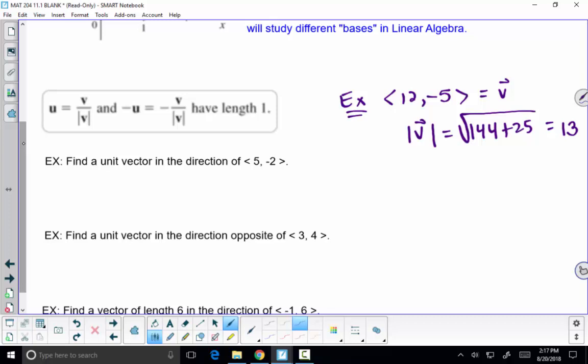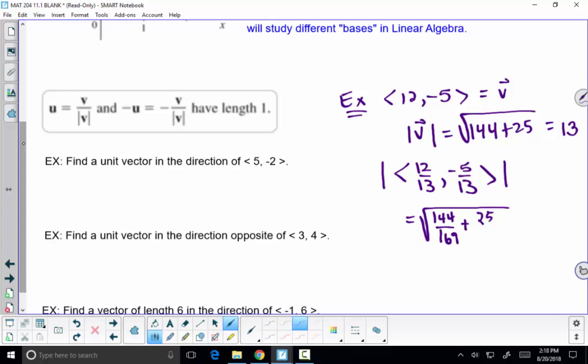And here's what we do. Notice what happens if that vector has a length of 13, and I divide both components by 13 and then take the length of that vector. So I scaled it. I multiplied it by 1/13. So I shrunk that vector, and let's just see how long this new vector is. Well, we would take the square root of the sum of the squares. We square this one, we get 144 over 169. We square this one, we get 25 over 169.